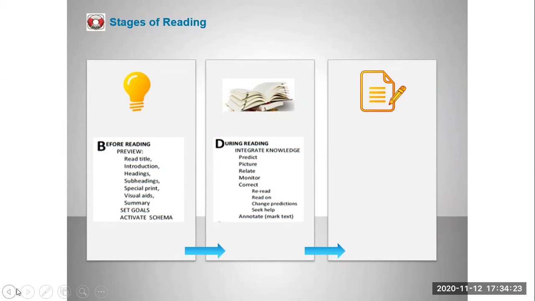Let's see. Okay, after reading. After you've read everything, you've looked at the introduction, you've looked at the summary, you're like, okay, I understand that, they all connect well, then that's a good time to continue your note taking.